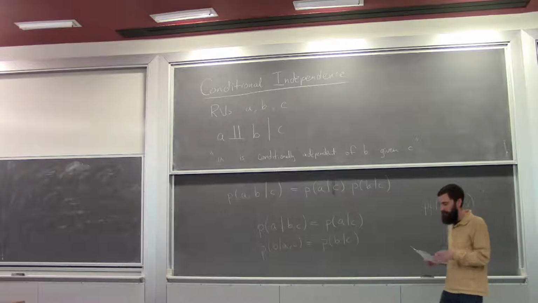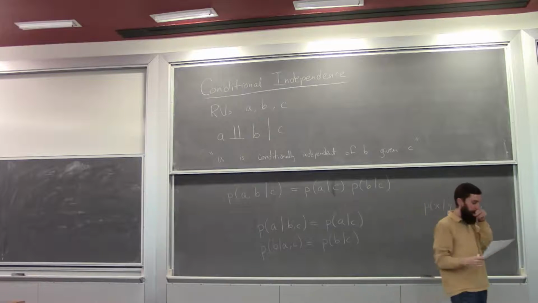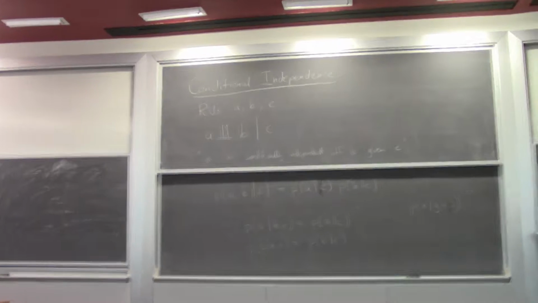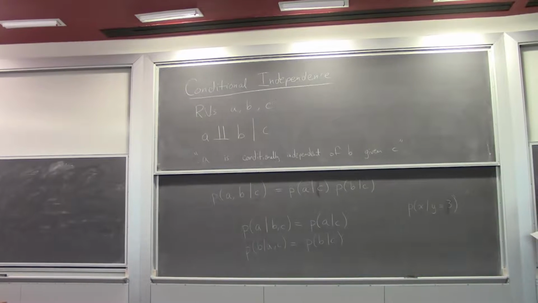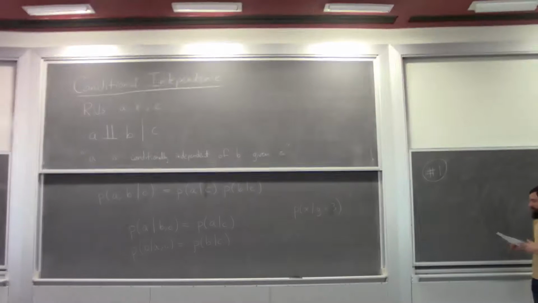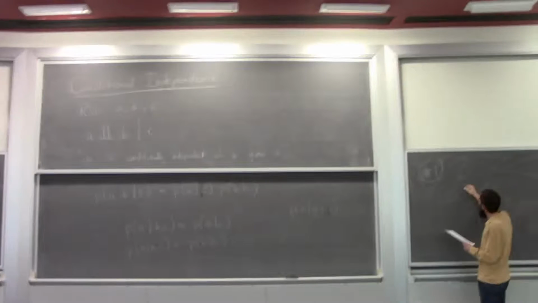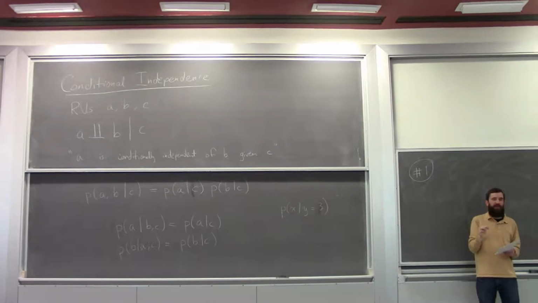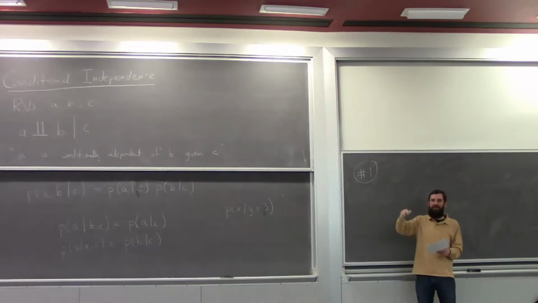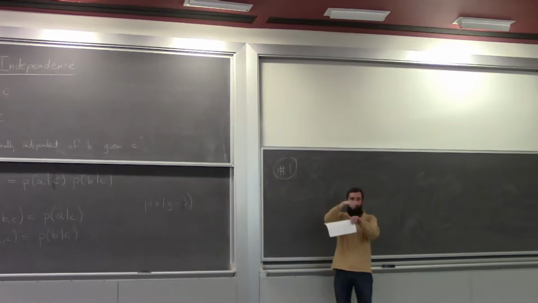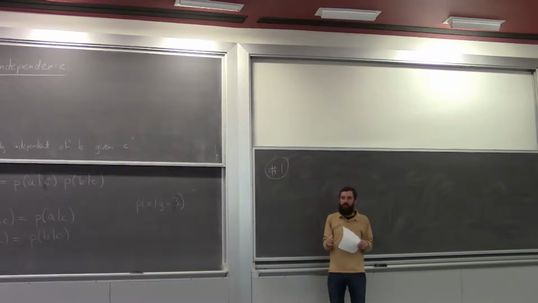Let's take a look at these three examples, and it'll get to your question. Example number 1 looks as follows. I should mention you could rename all the variables, cycle A, B, C around and change the labels.